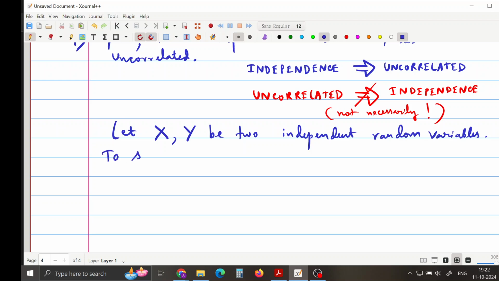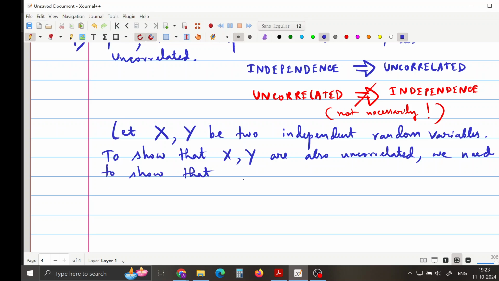So to show that x, y are also uncorrelated, we need to show that the covariance of x and y is equal to 0.